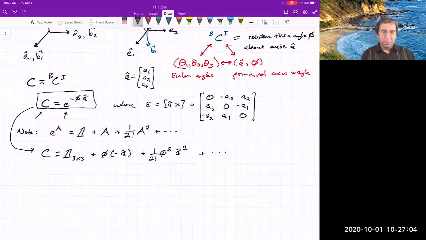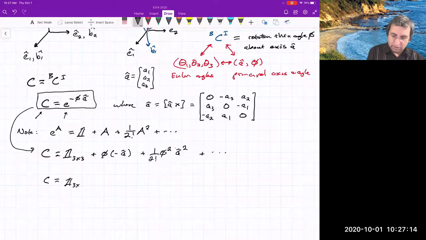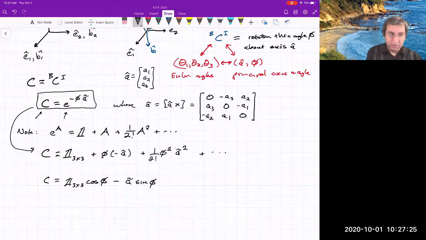If you work that out from the Taylor series expansion for the exponential, you can collect terms and you get something that looks pretty nice. You get the 3x3 identity matrix times cosine phi, minus a tilde sine phi, plus a a transpose times 1 minus cosine phi.